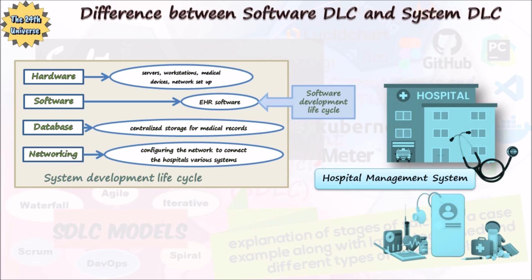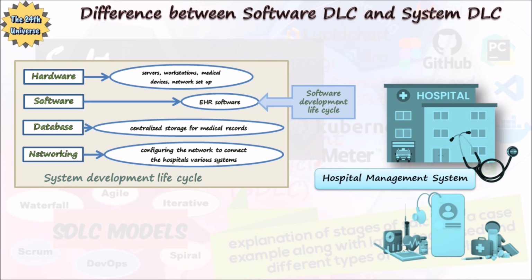Database, a centralized storage for medical records, and networking, configuring the network to connect the hospital's various systems. In this case, the software development would be used to develop the EHR system, that is the electronic health record software, to manage the patient data.